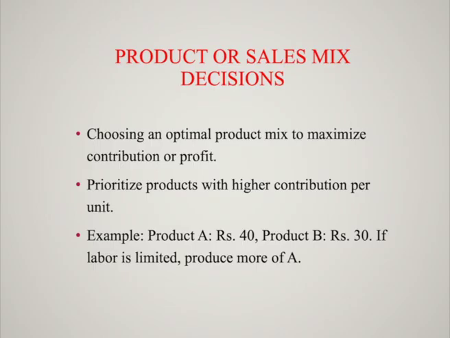For example, product A gives 40 rupees and product B gives 30 rupees. If labor is limited, we are going to produce only product A, because the labor cost is the same, but product A gives 40 rupees and product B only 30 rupees. So, higher contribution from A, so we produce only product A.